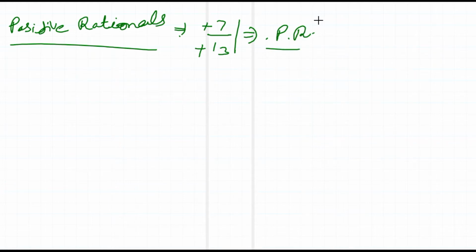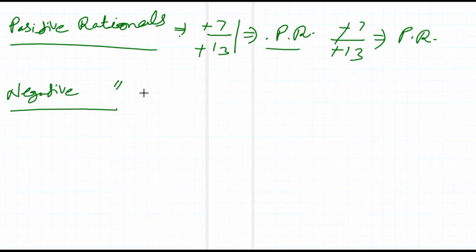If both are negative, this is also a positive rational, because minus minus is plus. Is there a negative rational? Yes, definitely. Negative rationals are also there.